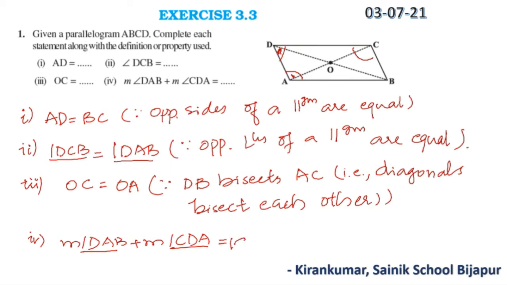They will be supplementary. Remember, in class 7 you have learned that the interior angles towards the same side of a transversal, that is co-interior angles, will be supplementary. You can mention here: co-interior angles are supplementary.